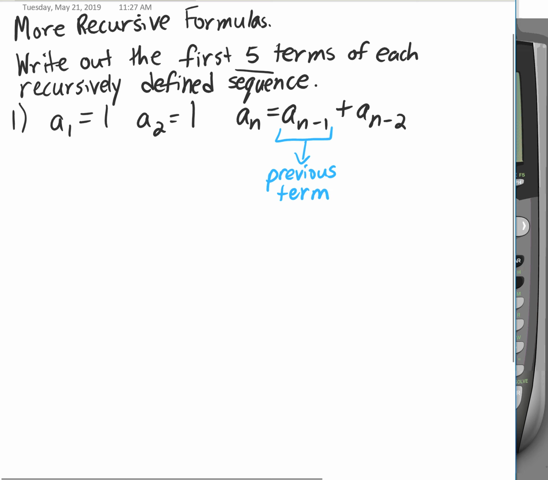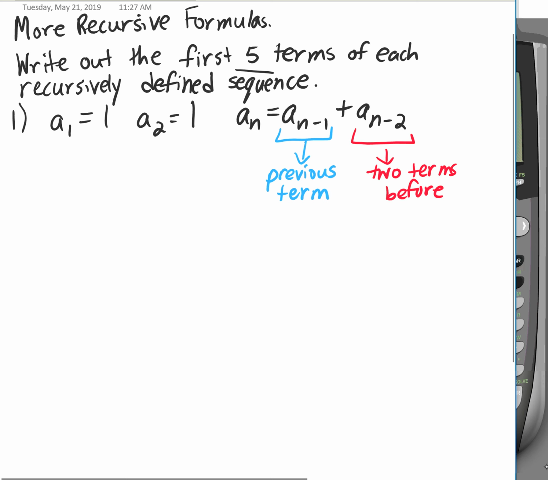And then by the same means that a sub n minus 2 means 2 terms before. Still referring to a previous term, but 2 before the one that you're looking at.